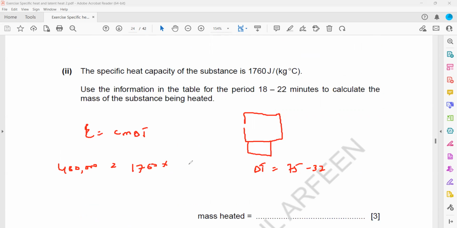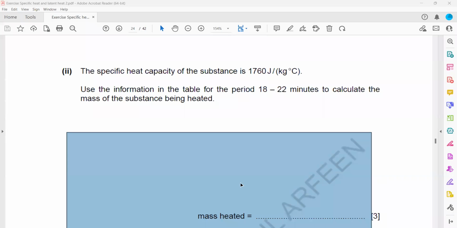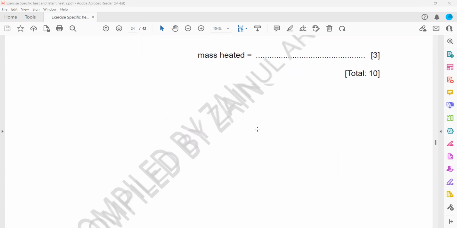The mass we don't know, and the temperature change is 75 minus 32. So we divide and we get the mass, which is 6.3 or 6.34. So 6.34 is the mass of this.